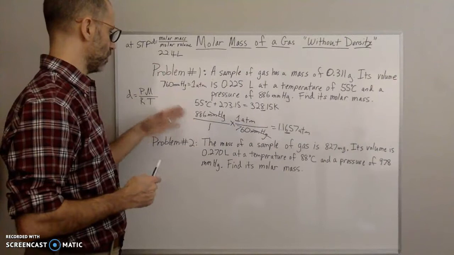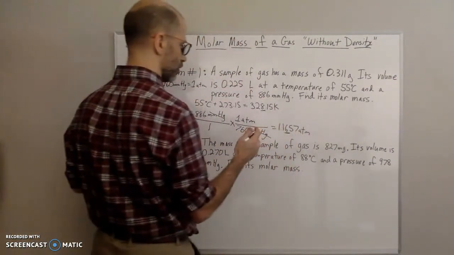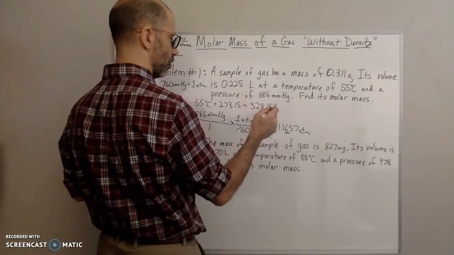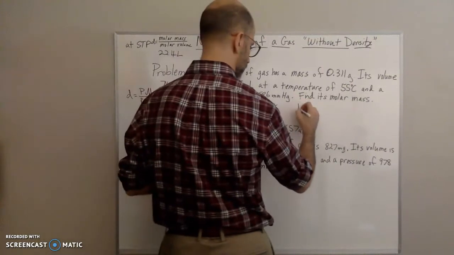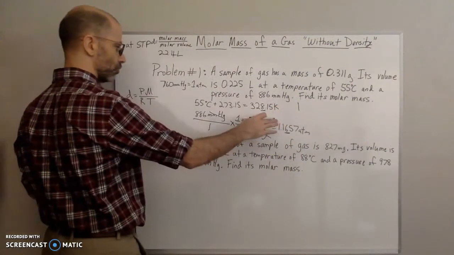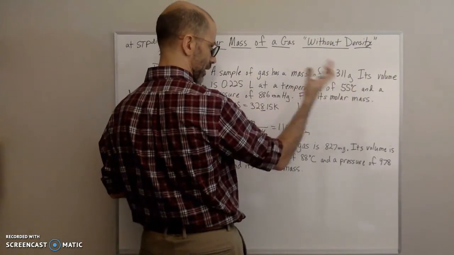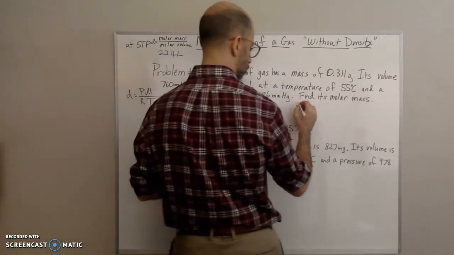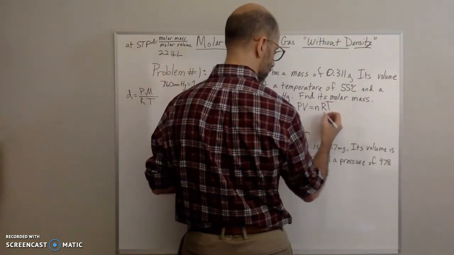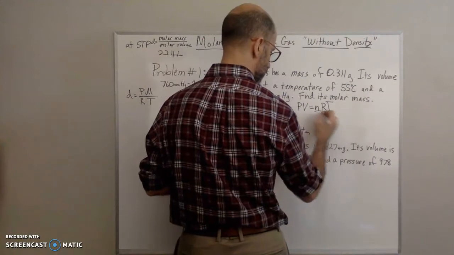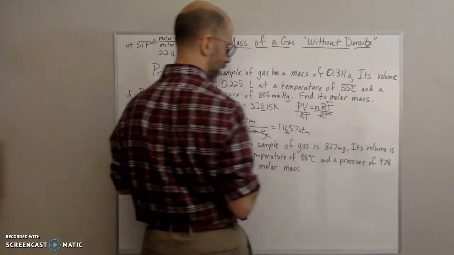So now I can plug into the ideal gas law. PV equals nRT. I want to solve for moles, right? Because if I can find the moles, then all I need to do is take the grams, divide by the number of moles, and I get my molar mass. So I have PV equals nRT. If I divide both sides by RT, then I get n by itself.